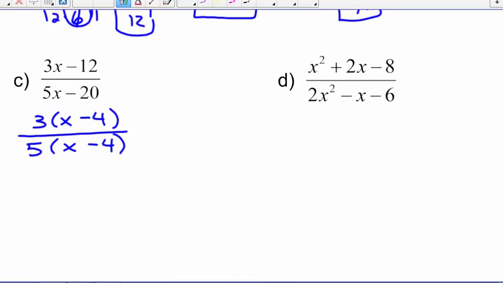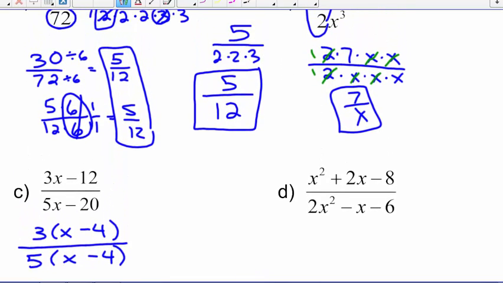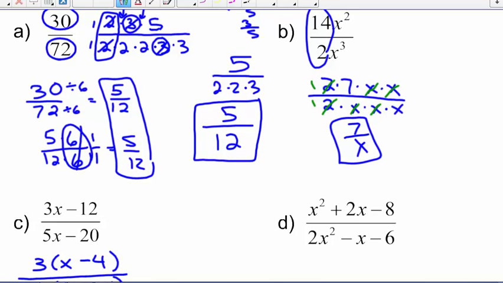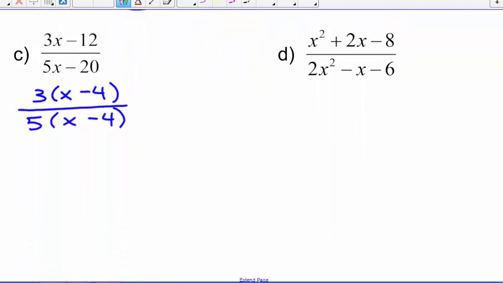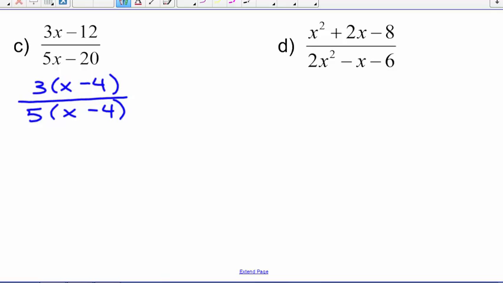So now it kind of becomes what we just did here. If I look up above, all these are multiplying here. Oh, 2 over 2, right? They're the same thing. What's 2 over 2? That's 2 divided by 2 is 1. So I use that same idea and go, well, x minus 4 over x minus 4 is really just 1 over 1. So what am I left with? 3 over 5.